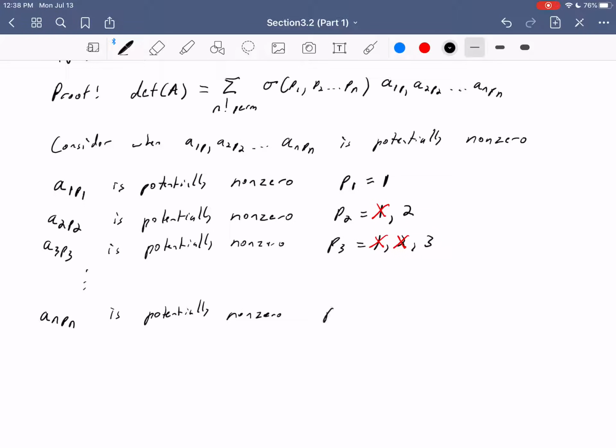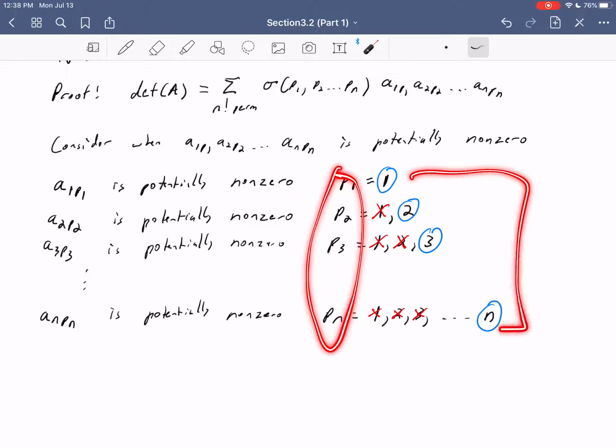Well, Pn could be anything. It could be 1, 2, 3, down to n. But every one of the previous ones will have ruled out everything except for n. So in other words, P sub n has to be all this stuff. So that means if we're sort of circling the one that it has to be, P1 has to be 1, P2 has to be 2, P3 has to be 3, and Pn has to be n. In other words, P sub k has to be k.